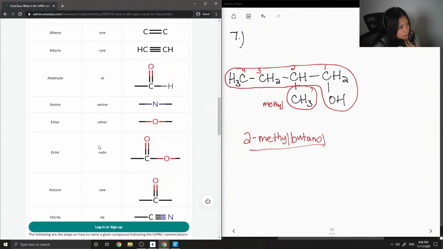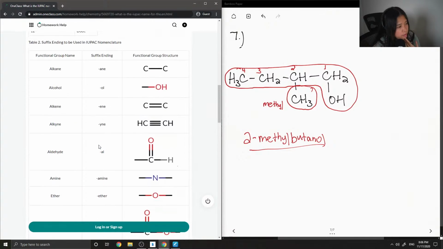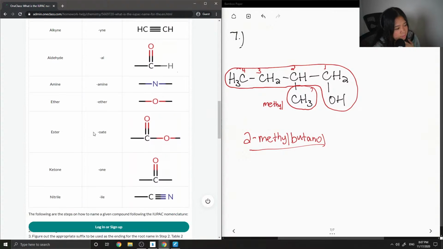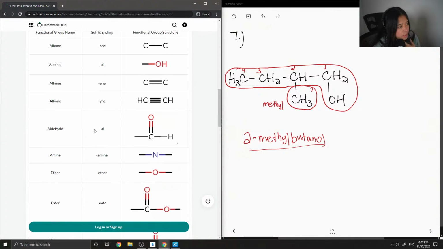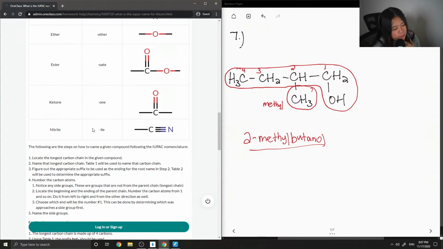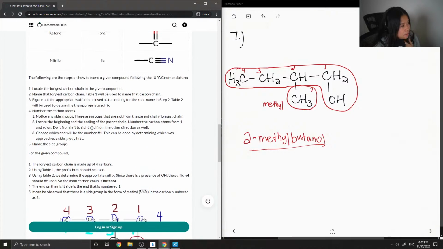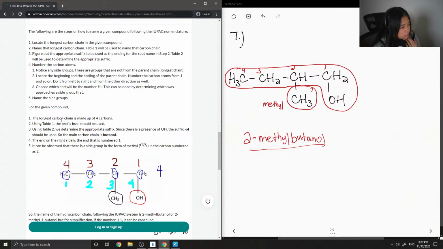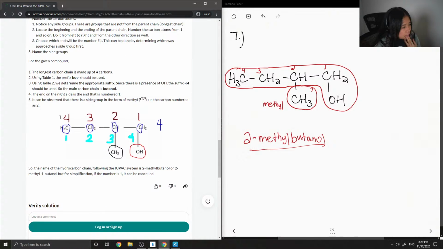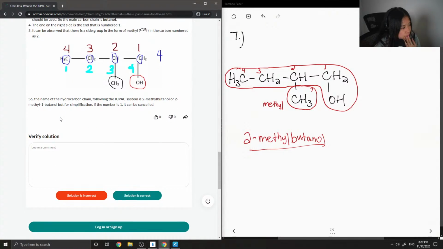So again, ours had an alcohol group, so we know that the IUPAC name will end in -ol. Yep, this summarizes all the different functional groups you can have. And then they give a very in-depth explanation of how you would do this. Yep, so this solution is correct.